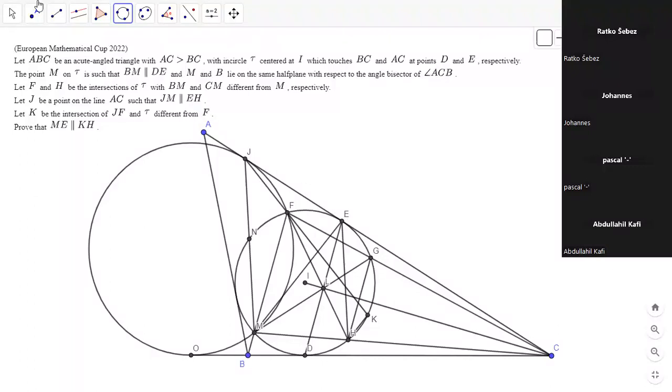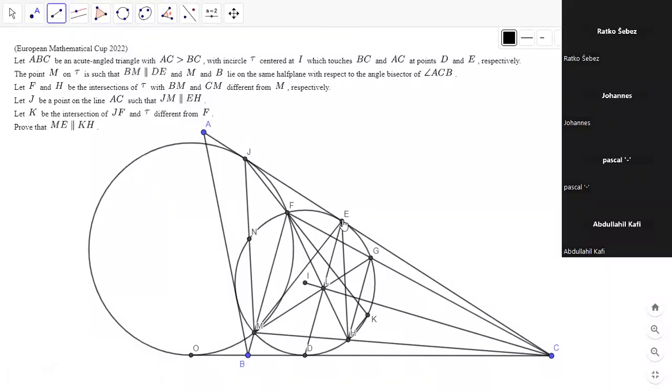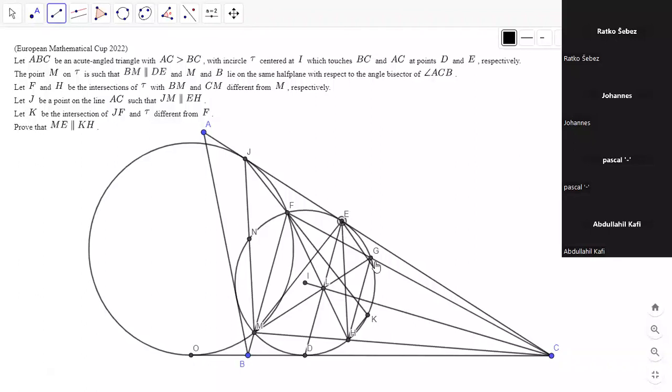So we want to show EG is parallel to JF. And maybe that's obvious. Yeah, there's just tons and tons of equivalent things. Like we could show EG is parallel to JF, which is equivalent to DK parallel to MG.